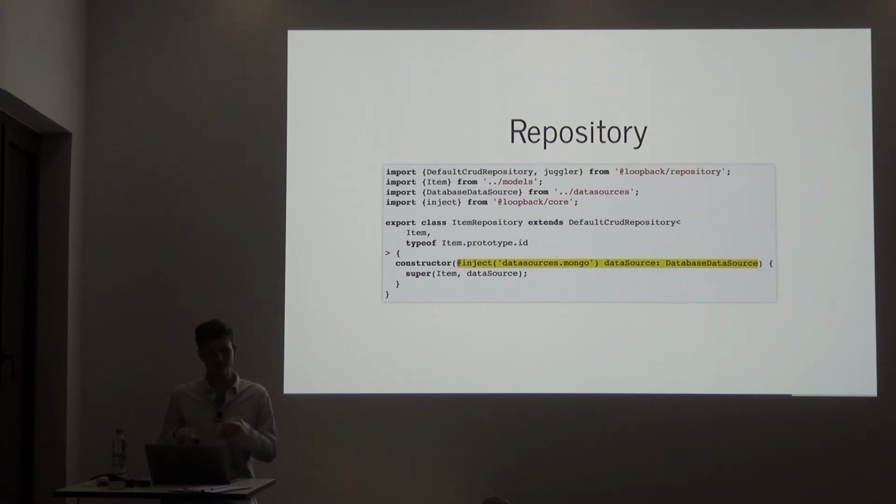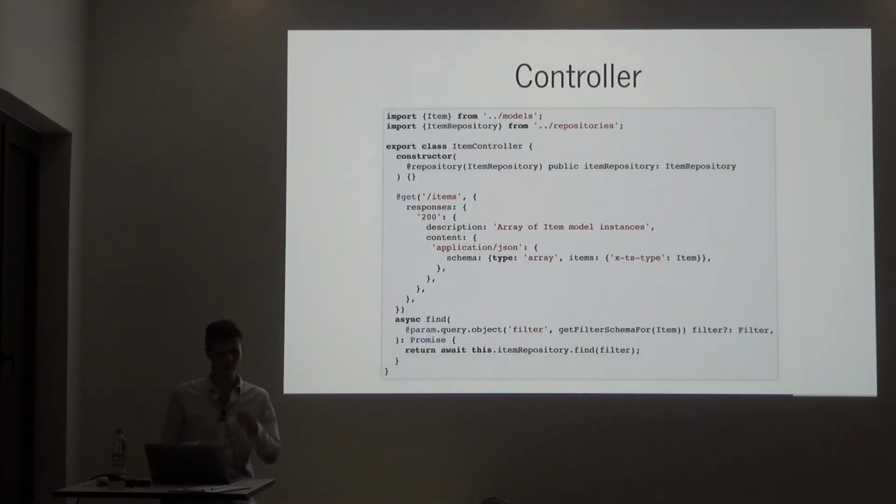And this repository is now used in the controller and is connected to the actual REST endpoints. So we have a controller here. We will get a repository injected inside, and then we just provide a method down here, in this case a find method.